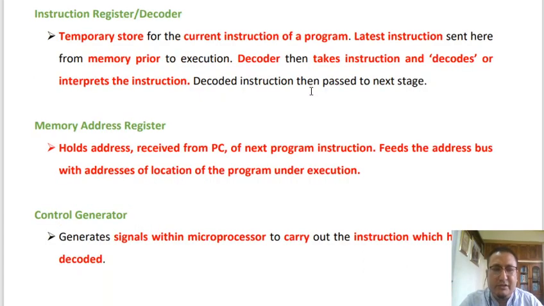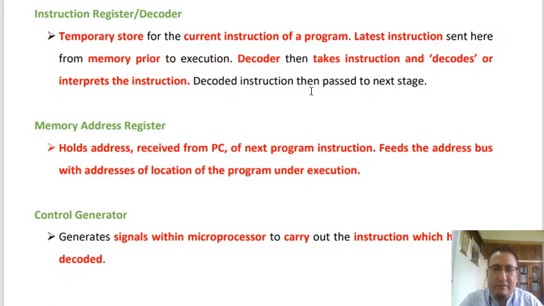Now the memory address register. It is responsible for holding the address received from the program counter of the next program instruction. As the name says, it is capable of hosting that address.